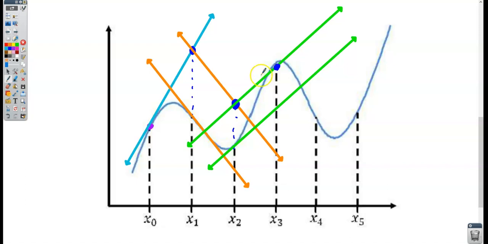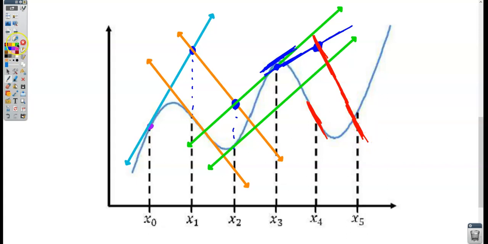And I could continue to use these linearizations. I'm not going to take the time to draw the line. I could find the tangent line there and use that to create a linearization, which then gives me an approximation right about here for the value of the function at x sub 4. And then I could use the slope, which I can find from the differential equation, and then draw in a tangent line to that.